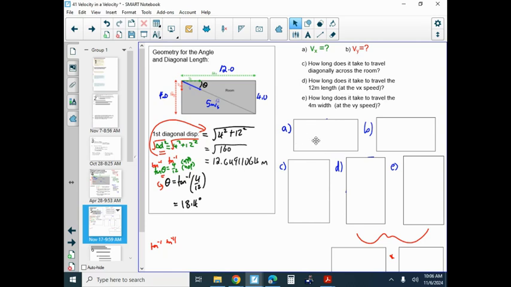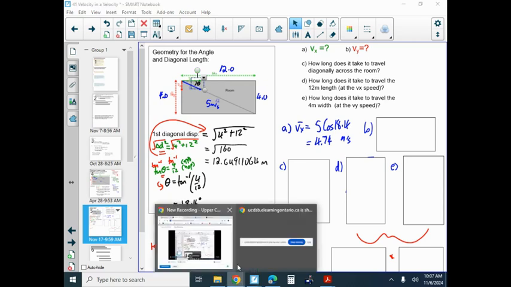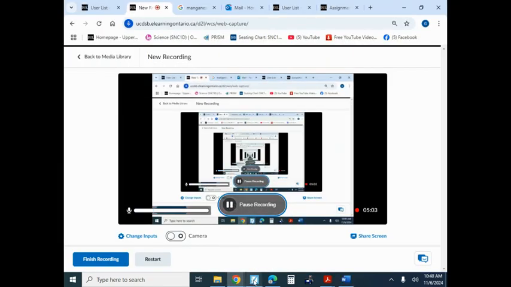So we can get the x component of our velocity. Notice the angle we solved for here is that theta, that 18.4, and so we're looking at the adjacent side, and so it's just going to be the 5 times the cos of the 18.4. Adjacent is cos for components. The vertical component is written here, but I could also put a red arrow there too.